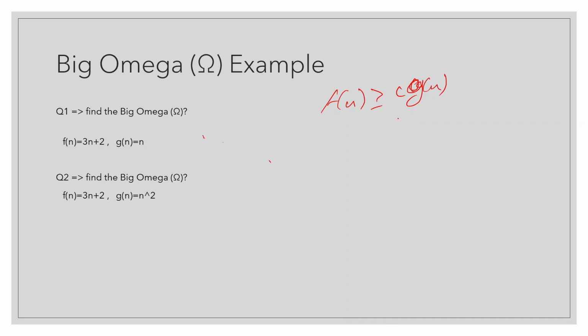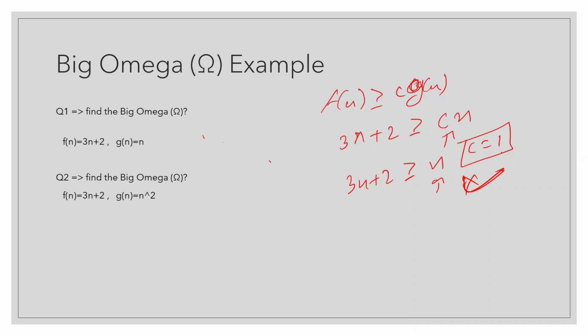For this, let's see in which condition it is satisfied. 3n plus 2 greater than c times n. What value is satisfied? If we put c is equal to 1, yes, it's satisfied, because n is a smaller value and this is 3n, so it is automatically satisfied with c is equal to 1.